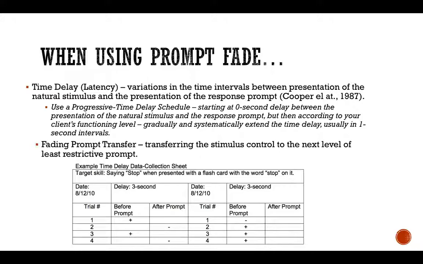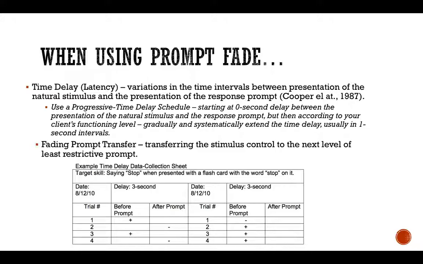So down below is an example time delay data collection sheet. This student is trying to learn to say stop when presented with a flashcard with the word stop on it. On the same day, August 12th, they're doing a 3-second delay, and then they're doing it again with a 3-second delay.